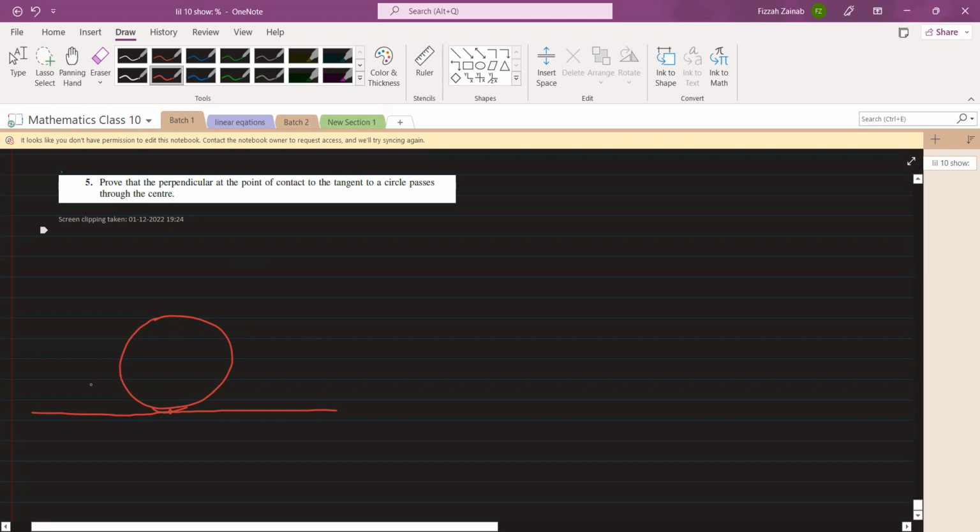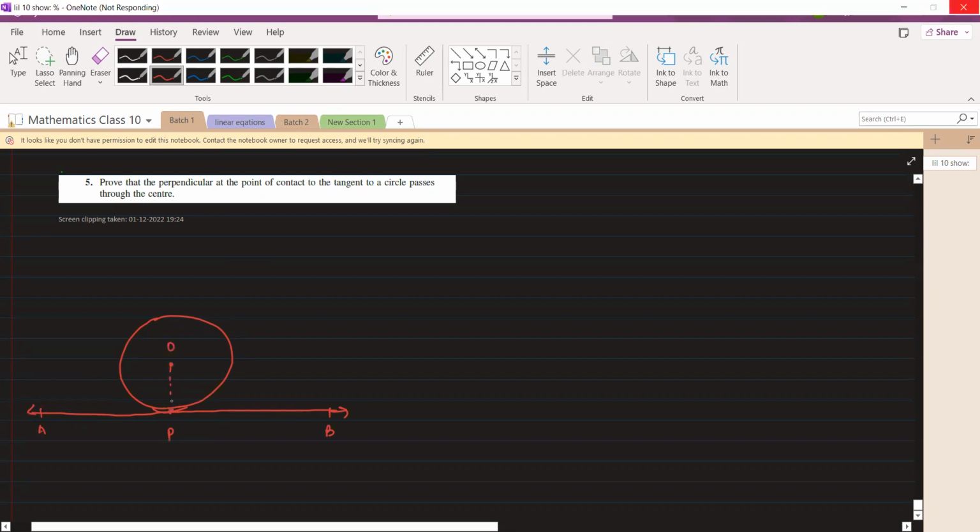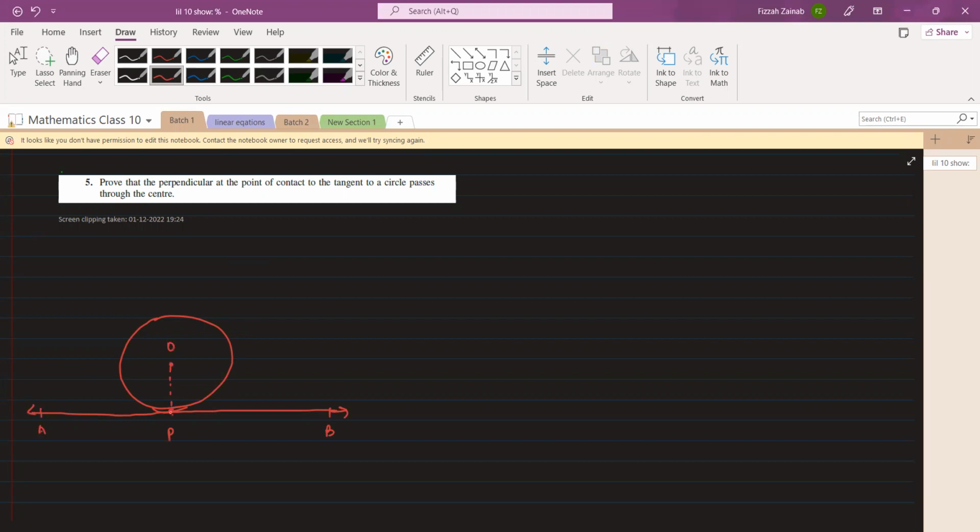So let's say this point is P. And this is the center O. This is the radius OP. Now prove that the perpendicular at the point of contact to the tangent to a circle passes through the center.